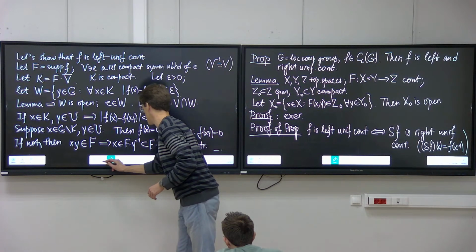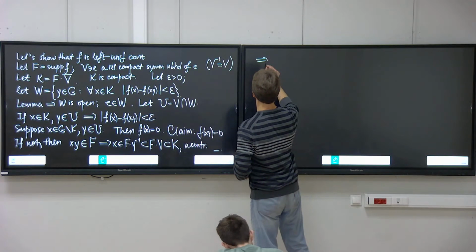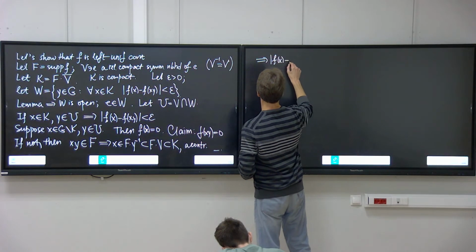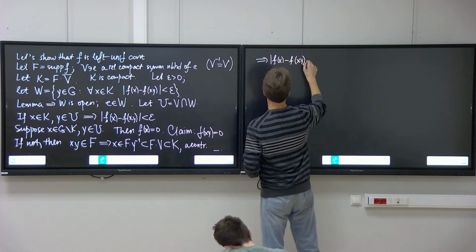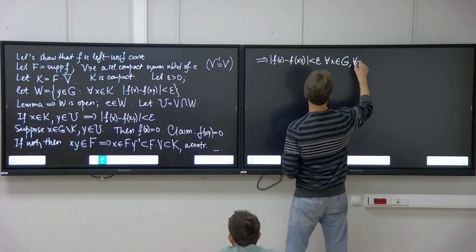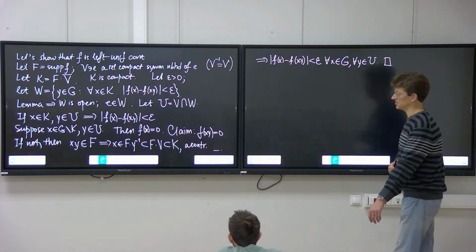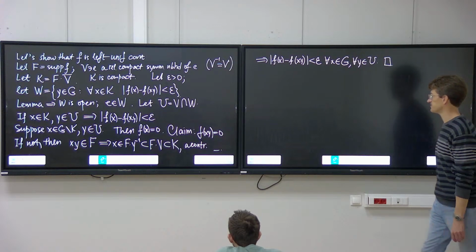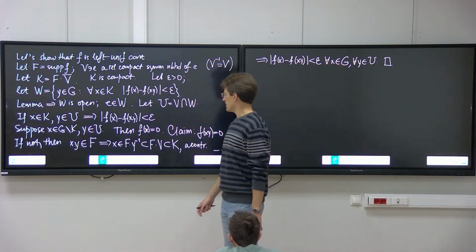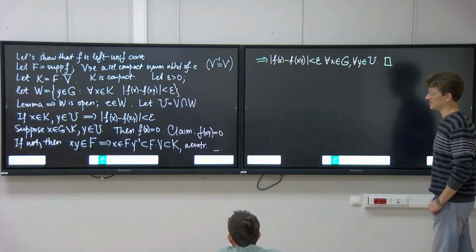So this implies that |f(x) minus f(xy)| is less than epsilon for all x in G, and for all y in U. And this completes the proof. So we get the left uniform continuity for little f. Okay, this is a very useful result. It's quite technical, but we'll use it many times in our course.